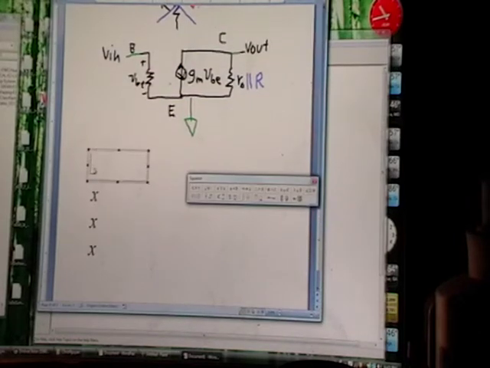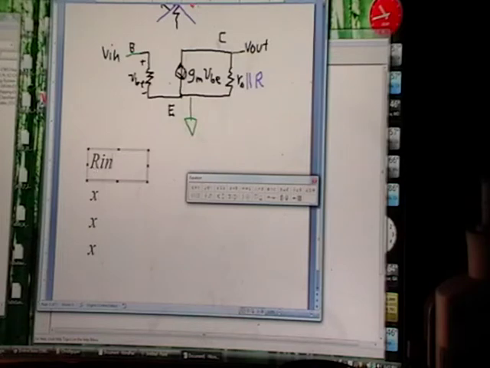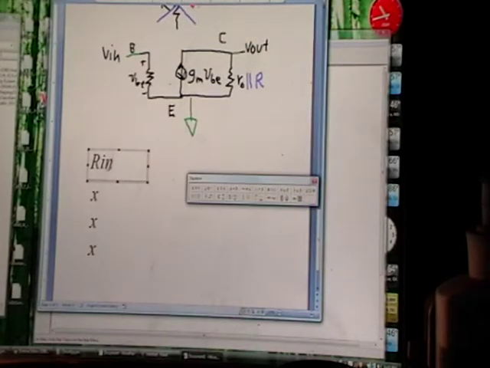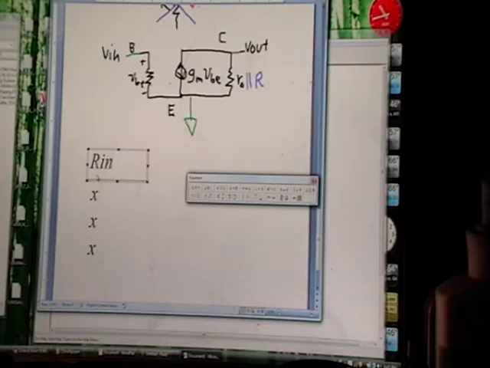So RN, and I'm going to use a capital RN because this is a representation of not just a single transistor, it's a representation of an entire circuit. So I'm going to use a capital letter to represent that. If I had a small r right there, it would mean that it's representing the RN of a single transistor.